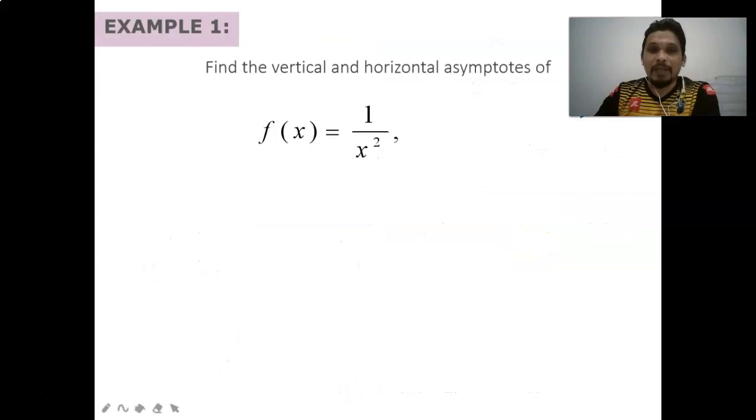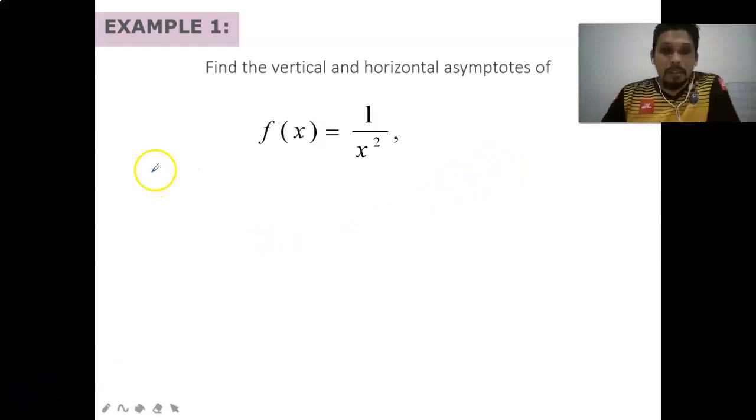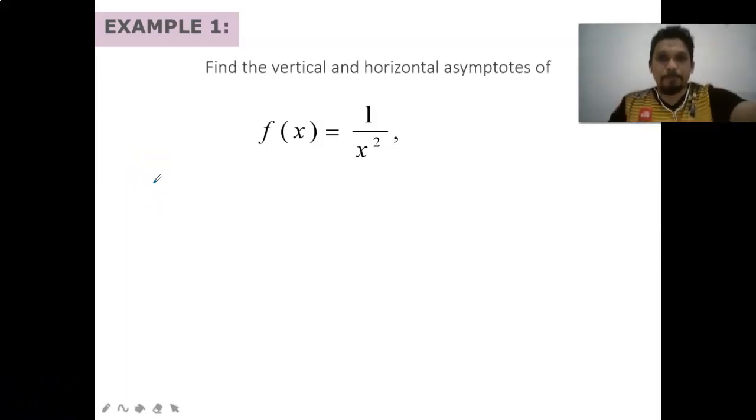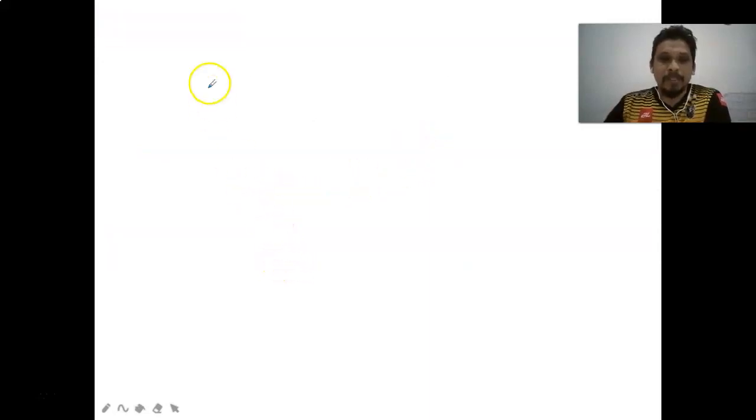Okay, find the vertical and horizontal asymptotes of f(x) equal to 1 over x squared. Okay, so now for the horizontal asymptote, x cannot be equal to 0 for this one here now. Solution here. So f(x) equal to 1 over x squared.